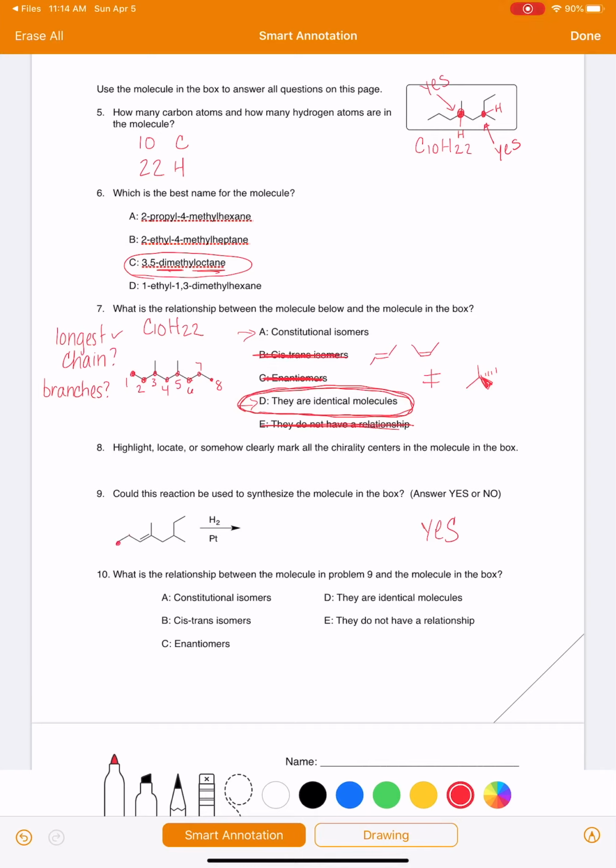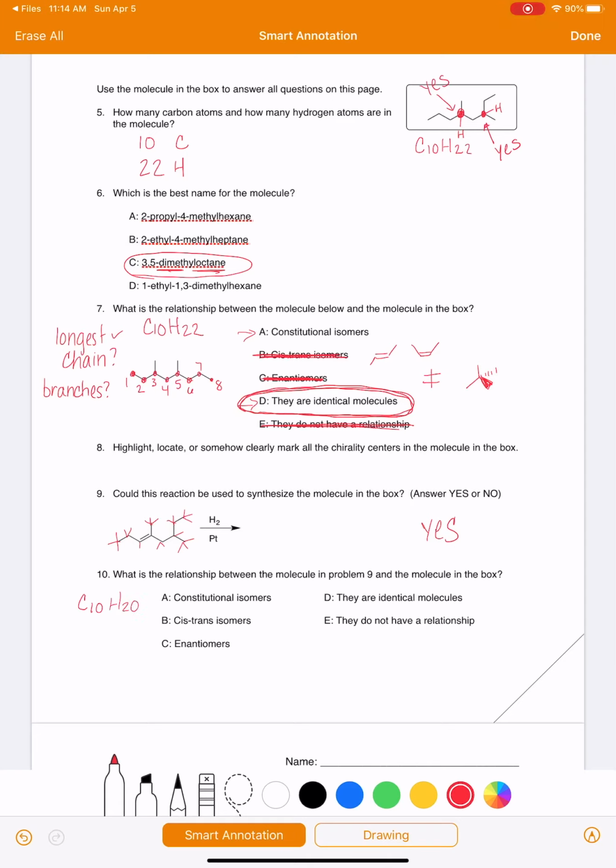It is 1, 2, 3, 4, 5, 6, 7, 8, 9, 10 carbons. So that matches so far. How many hydrogens does it have? 1, 2, 3, 4, 5, 6, 7, 8, 9, 10, 11, 12, 13, 14, 15, 16, 17, 18, 19, 20.